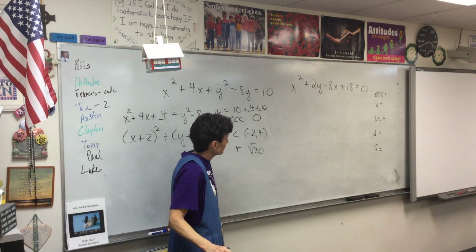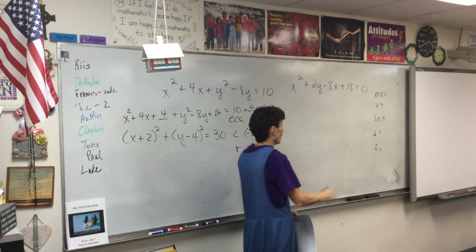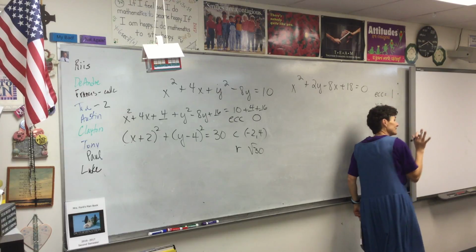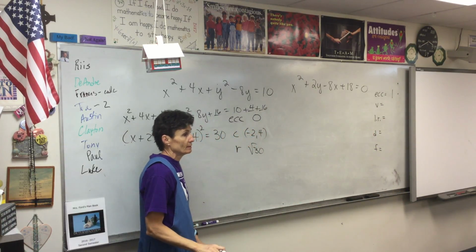Yep, it's a parabola. But certainly, this is the stuff we find for a parabola. What's its eccentricity? 1. Everybody gets that right. You don't have to do anything and you get that point. That is a total gimme.